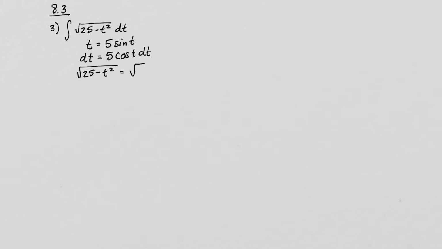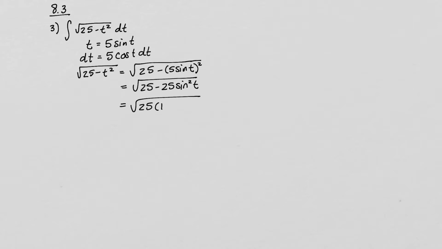So it's going to be the square root of 25 minus (5 sine t) squared, which is the square root of 25 minus 25 sine squared t. I could factor out a 25, so 25 times 1 minus sine squared t. And 1 minus sine squared t is cosine squared t. So we have the square root of 25 cosine squared t, or 5 cosine t.